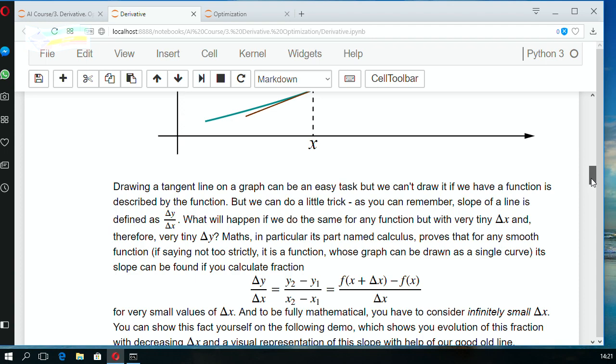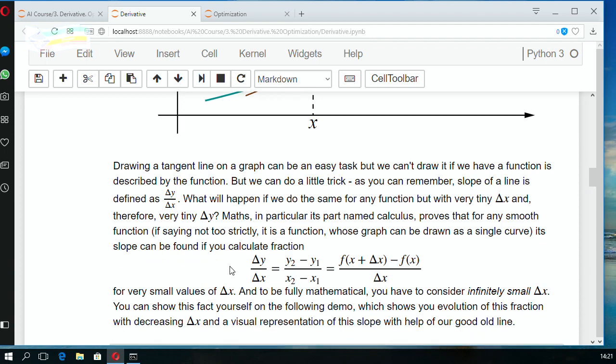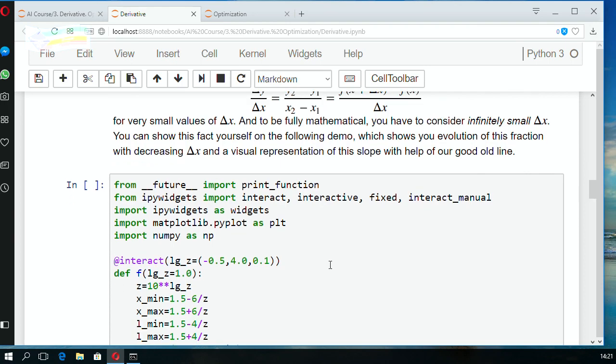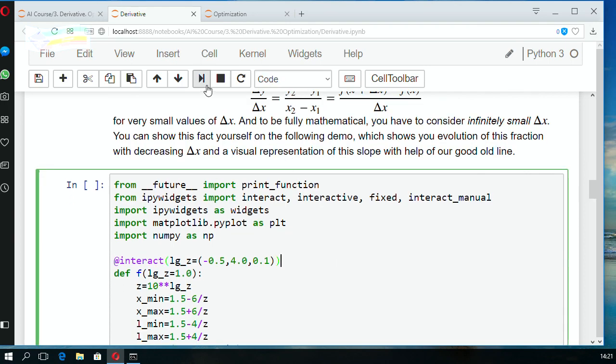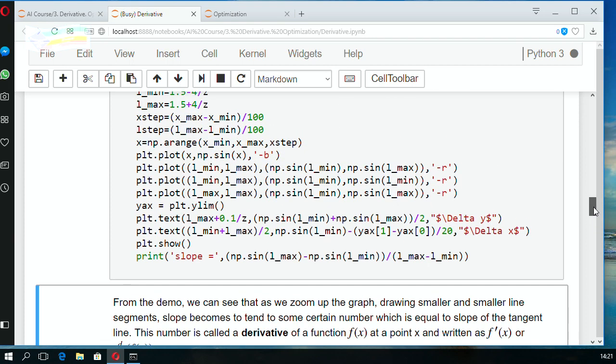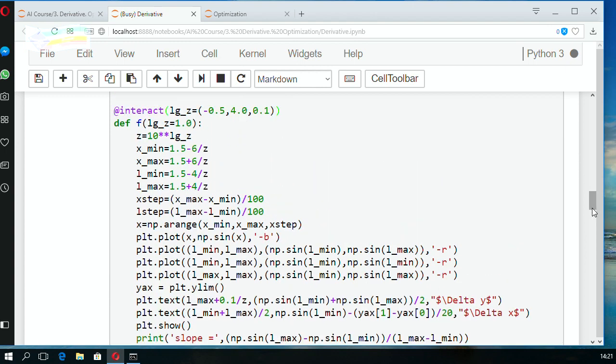And here we write the same for just a function f of x. And now let's see what will happen if we make delta x smaller and smaller.